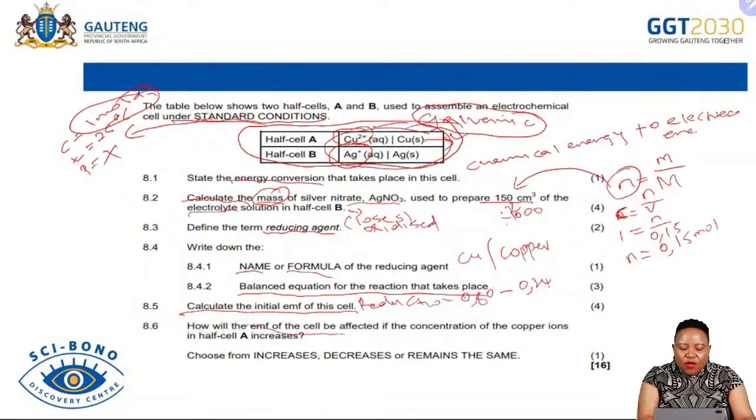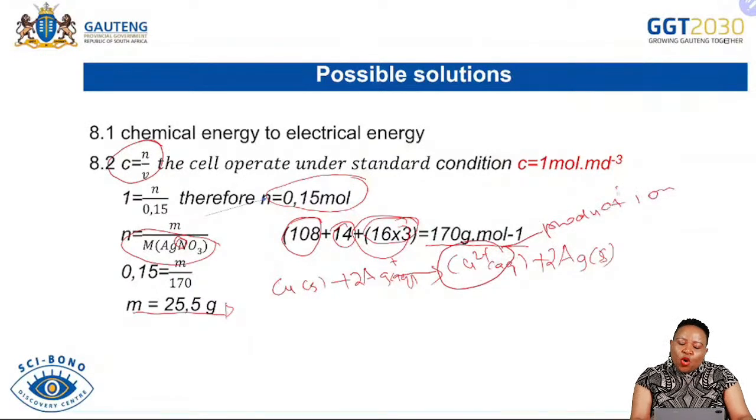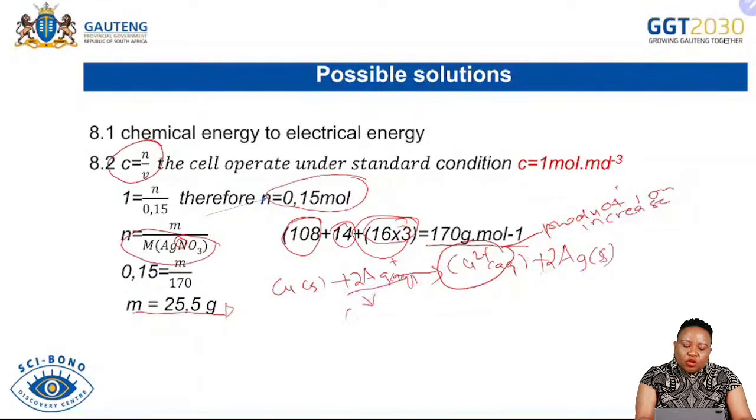How will the EMF of the cell be affected if the concentration of the copper ions in half cell A increases? Now, when we look at our copper ions, you can see that these copper ions are our product ions. So we expect the concentration of the product ions to increase and the concentration of the reactant ions to decrease, which will make our cell potential decrease.